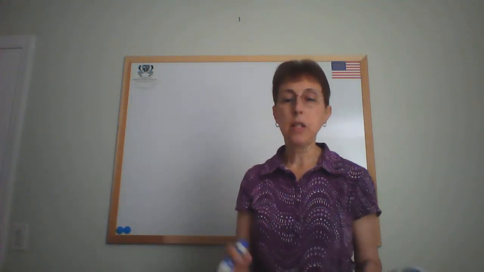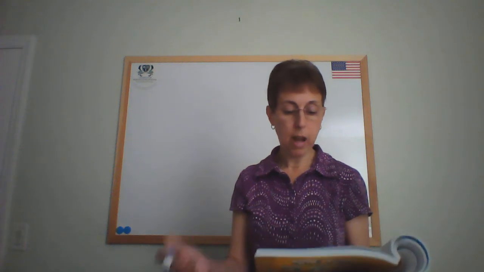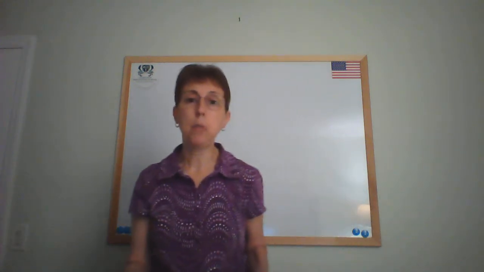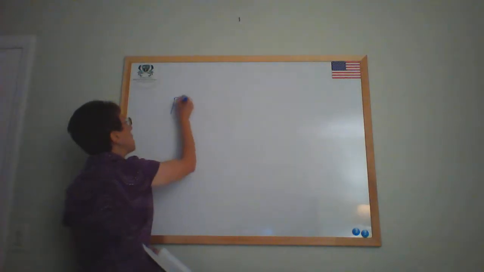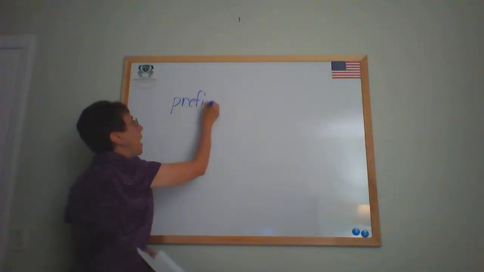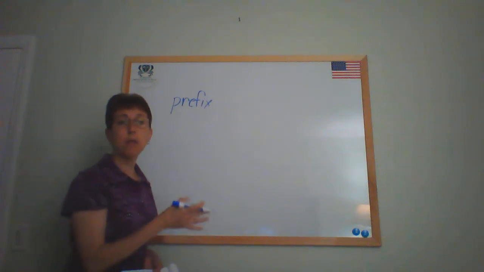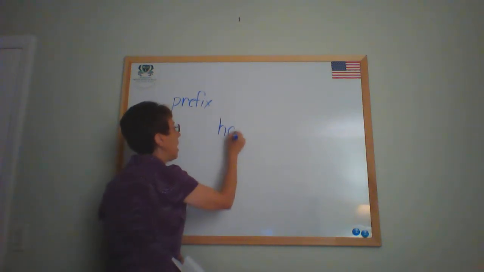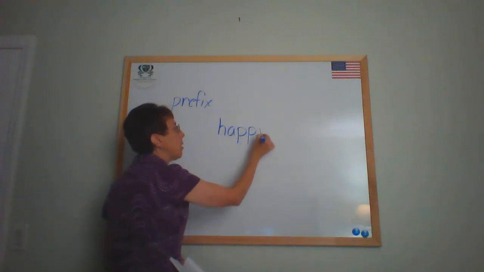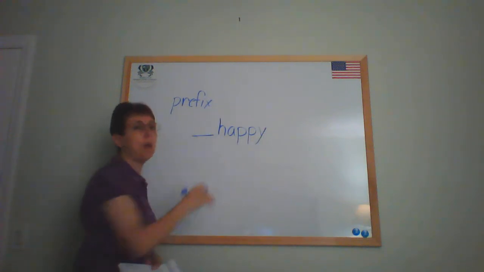Okay, so the first thing that they tell you down in the blueprint is back in lesson 5 that we learned about prefixes. And that a prefix is a word part that we add to the beginnings of words. And if you remember, pre means before. So when we talk about adding a prefix, we're talking about adding a word part before our base word.